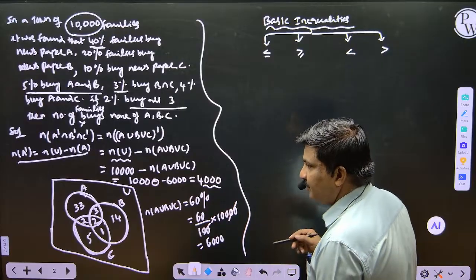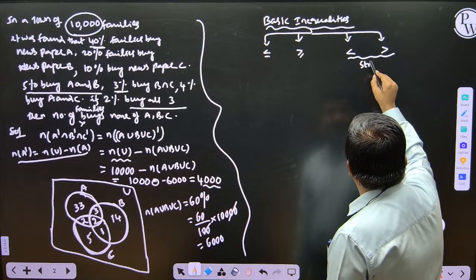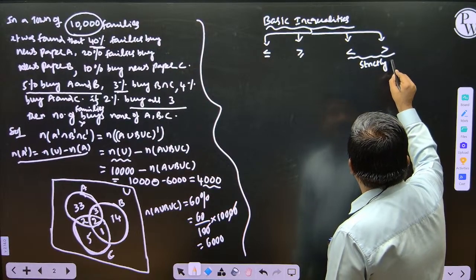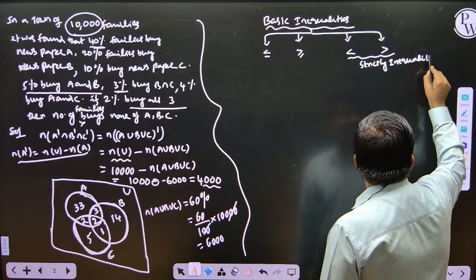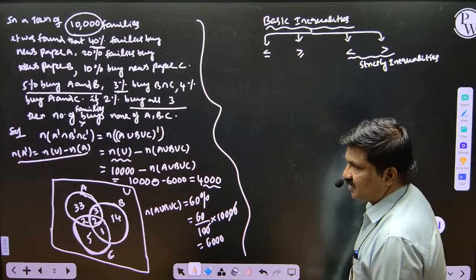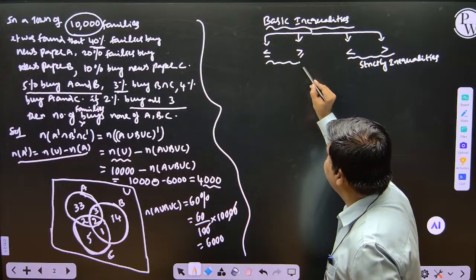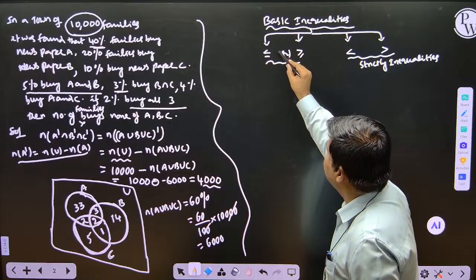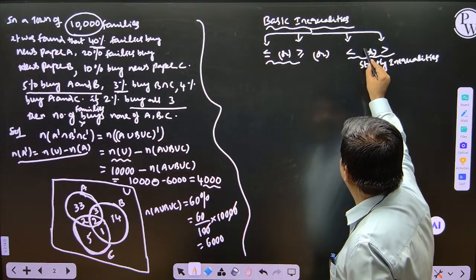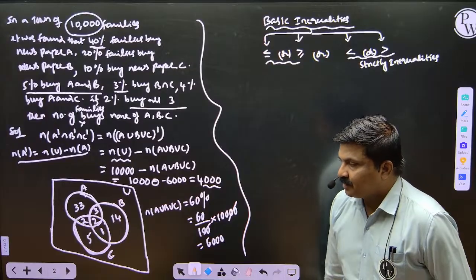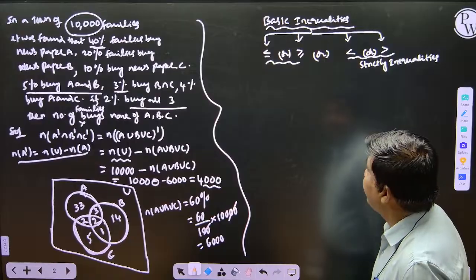These are strict inequalities, and the possible inequalities are less than or equal, greater than or equal.